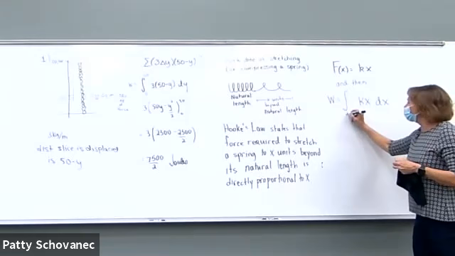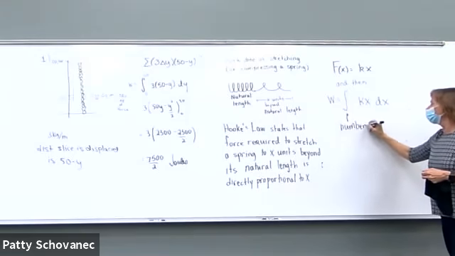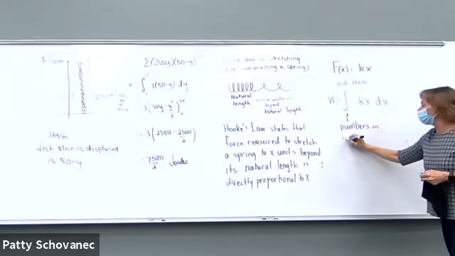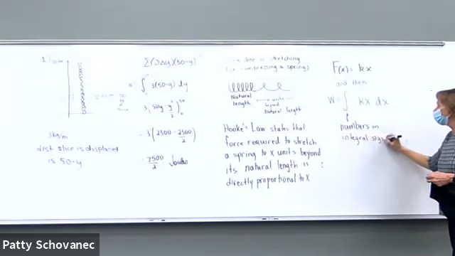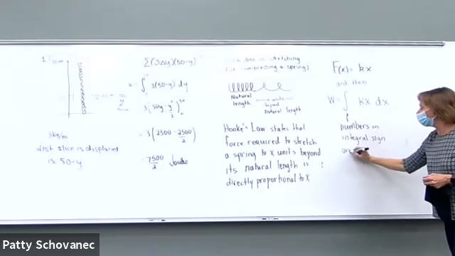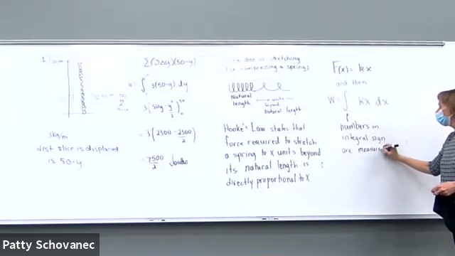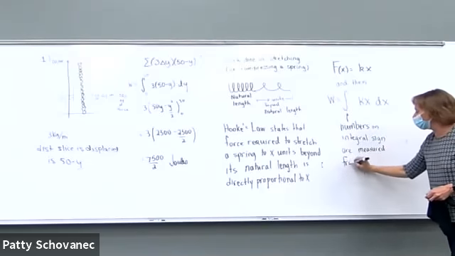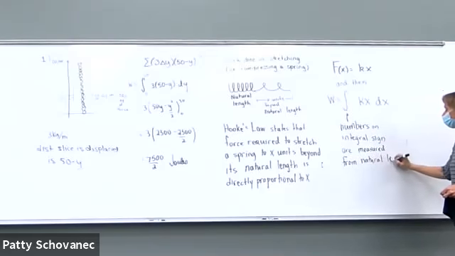So the numbers on the integral sign are measured from natural length. Natural length corresponds to x is 0.